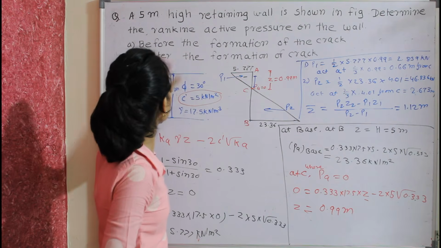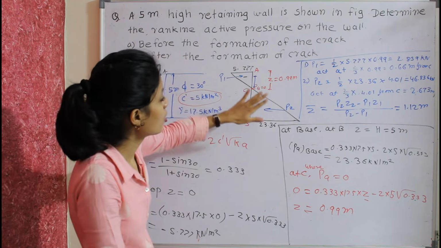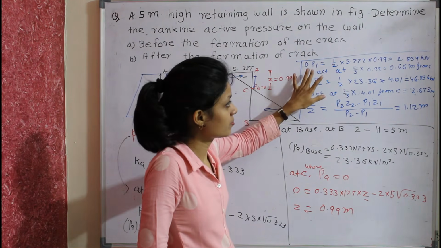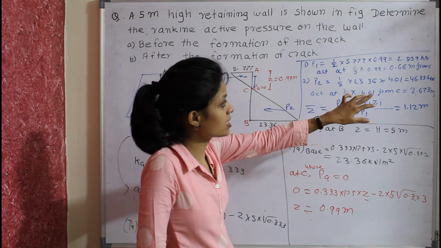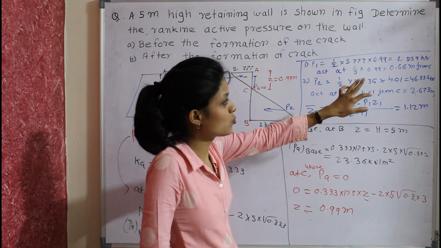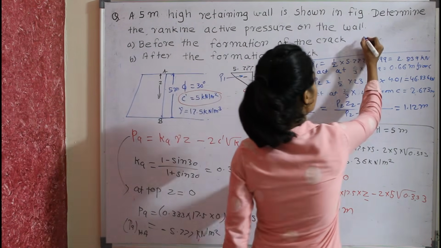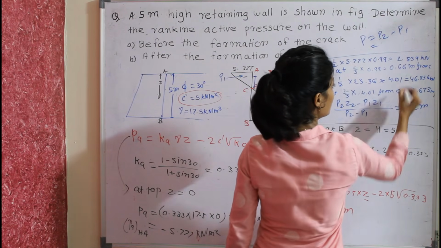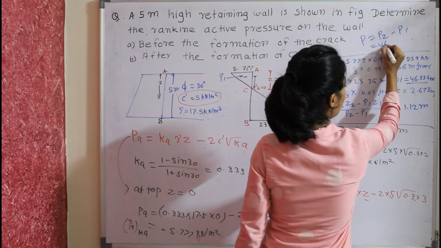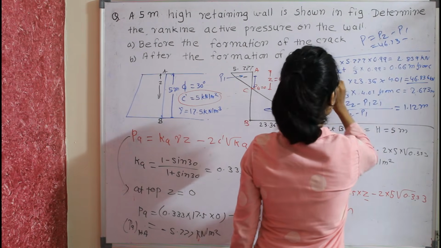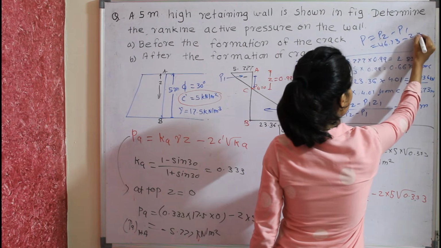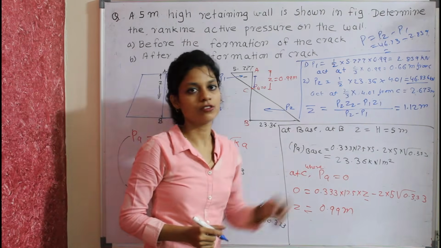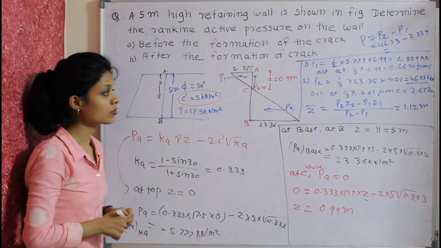Therefore the total pressure P equals P2 minus P1, that is 46.83 minus 2.859, and acts at Z bar.